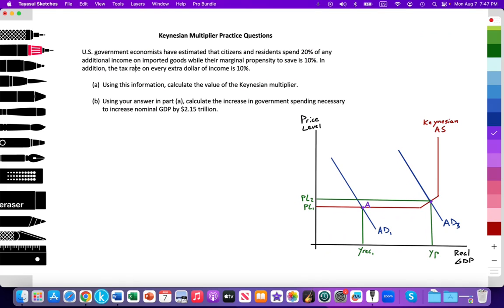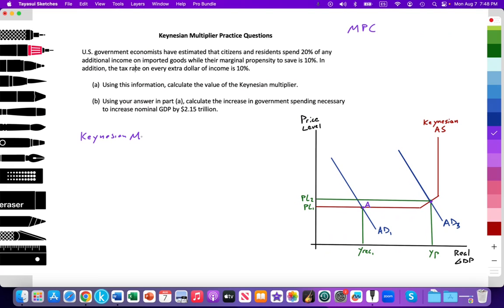In a Keynesian multiplier question, they're going to give you one or three of the following. In order to calculate the Keynesian multiplier, you will need the marginal propensity to consume, and that will be enough, because with that information you can use the formula.